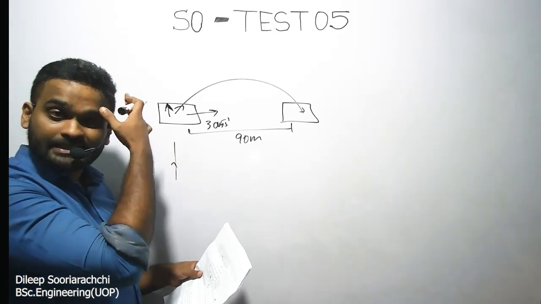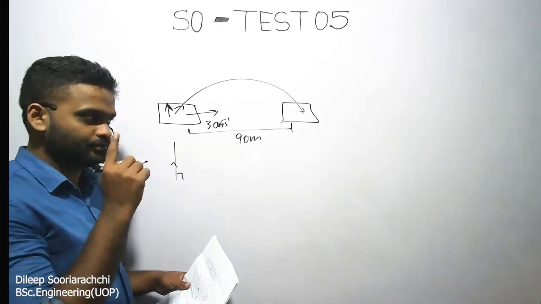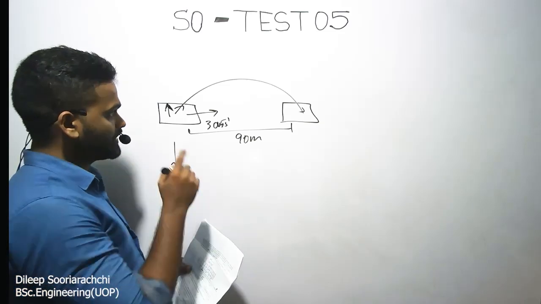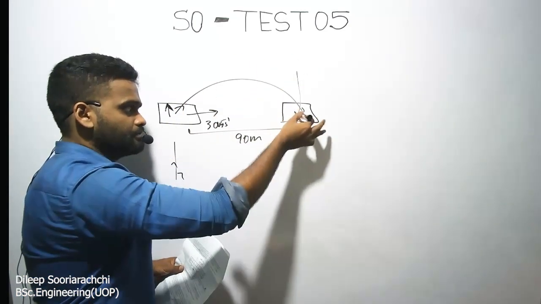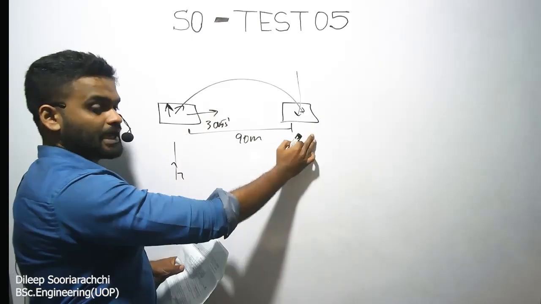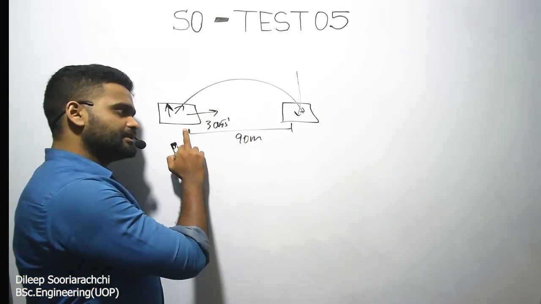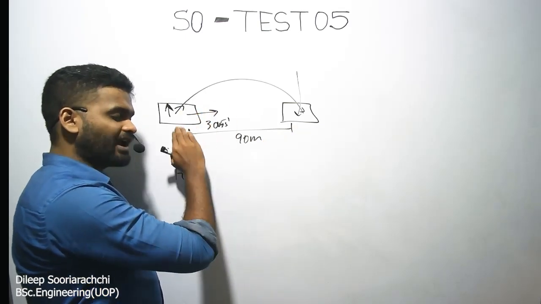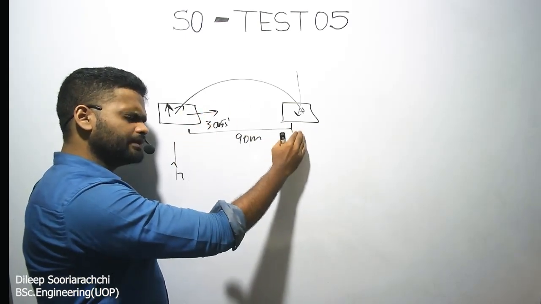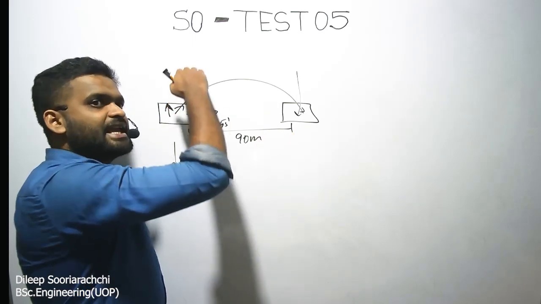Then the other requirement. We know the direction to be shot upwards. Another requirement is the object has to land back on the trolley once it moves a 90-meter distance. While the trolley moves 90 meters, the object should be in air.